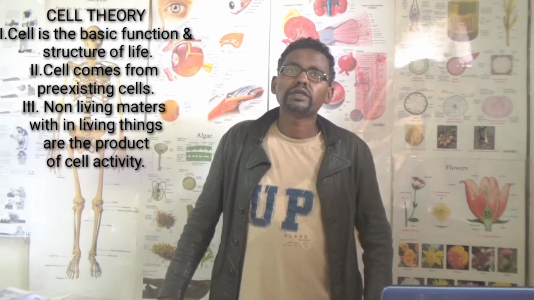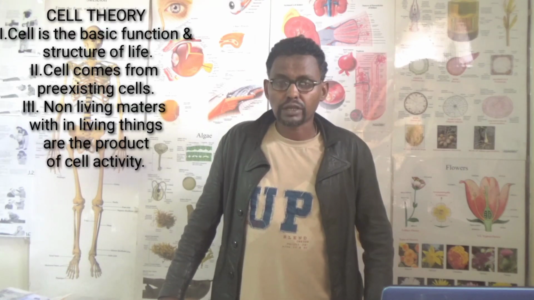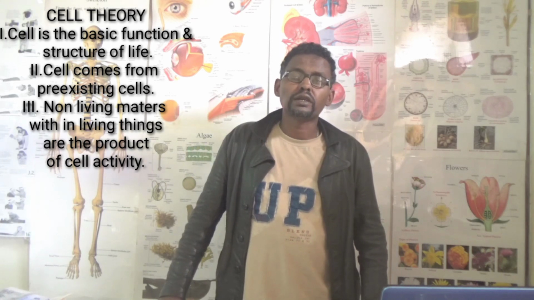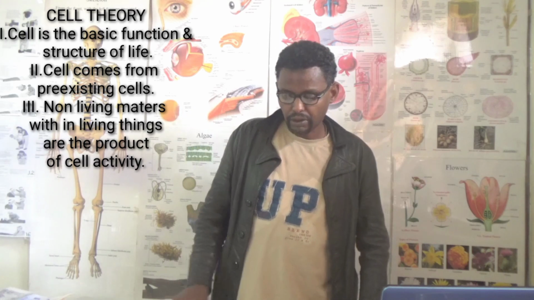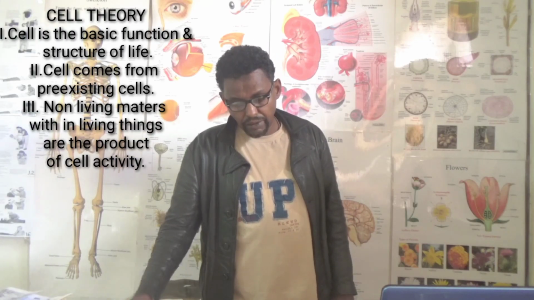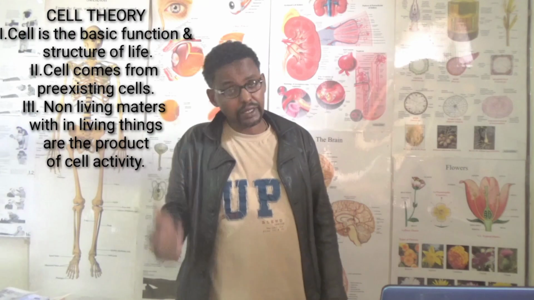And the cell theory differs from time to time. The very first cell theory says that cells come from pre-existing cells. Cell is the unit of structure and function of life. The third one is that all living matter, and of course all non-living matter within living things, are the product of cellular activity.